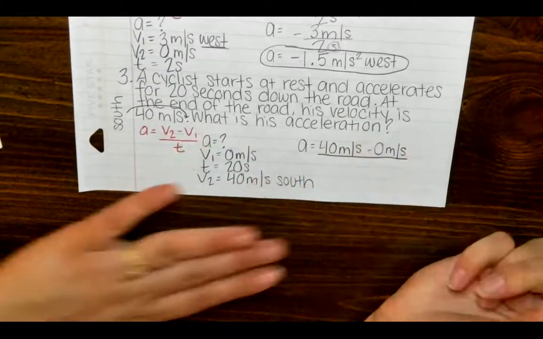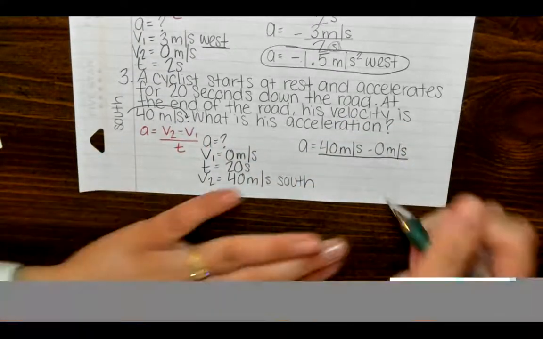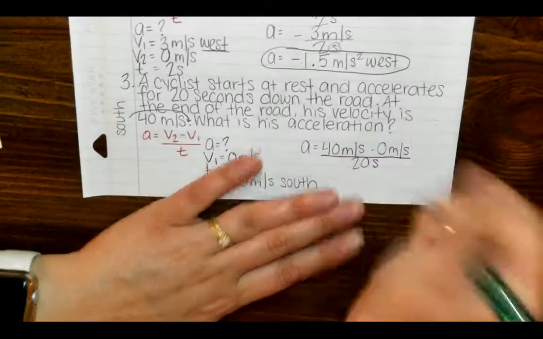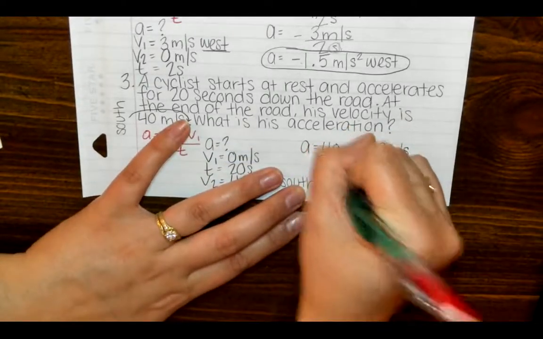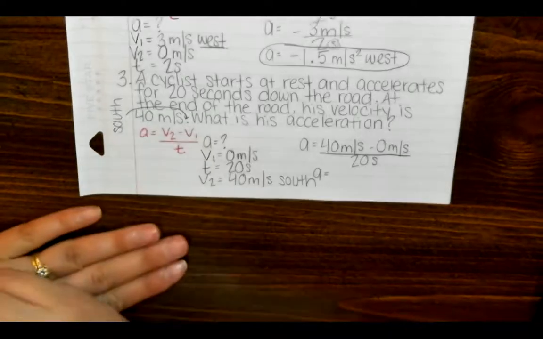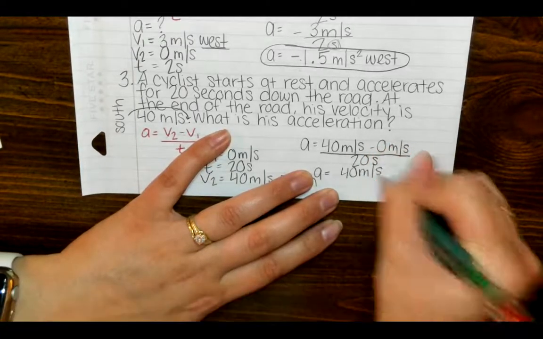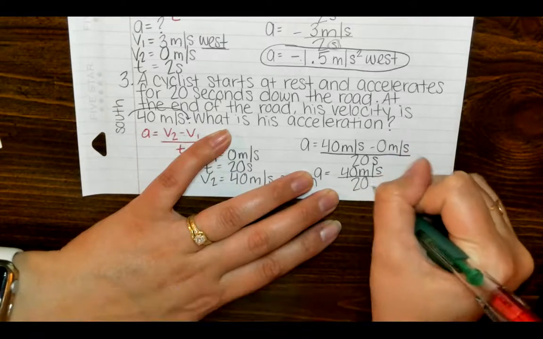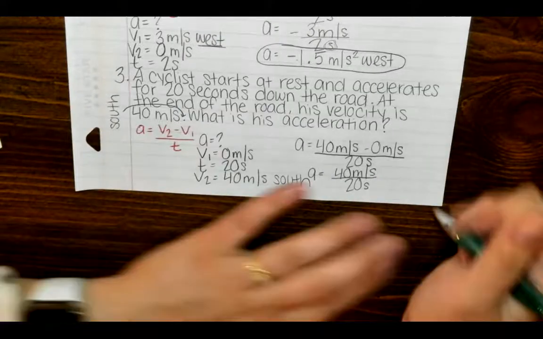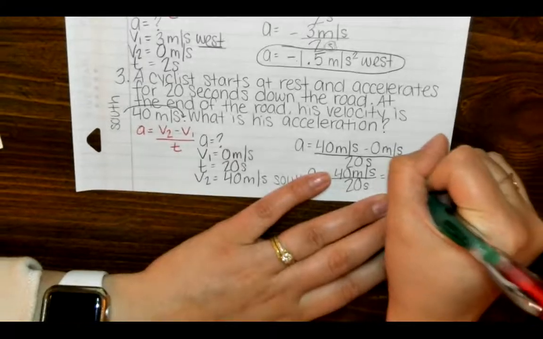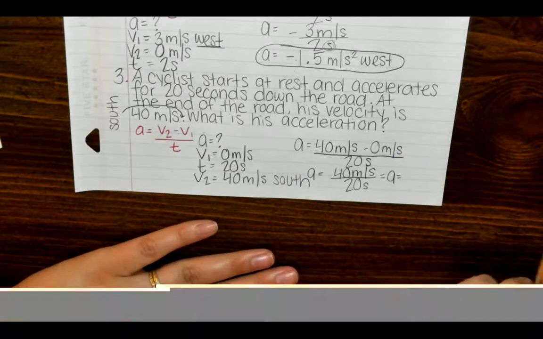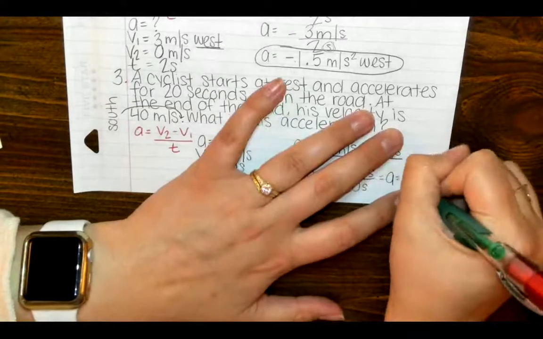And that's going to go all over our time, which is 20 seconds. Now we can go ahead and do the math. 40 minus 0 is 40 meters per second on the top and 20 seconds on the bottom. And then A equals 40 divided by 20, which is 2.